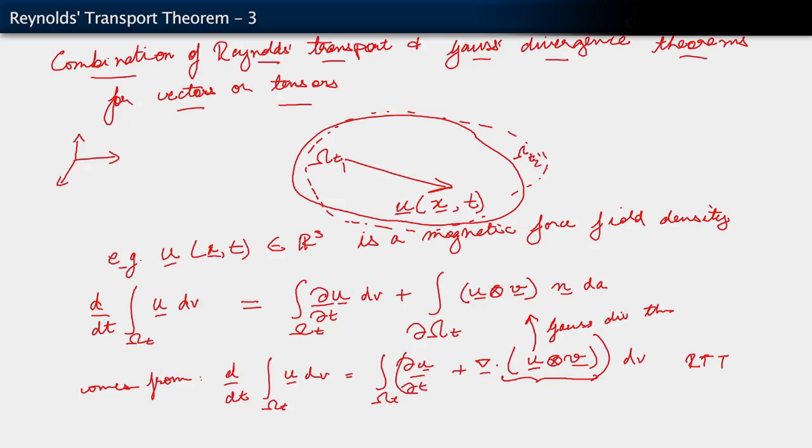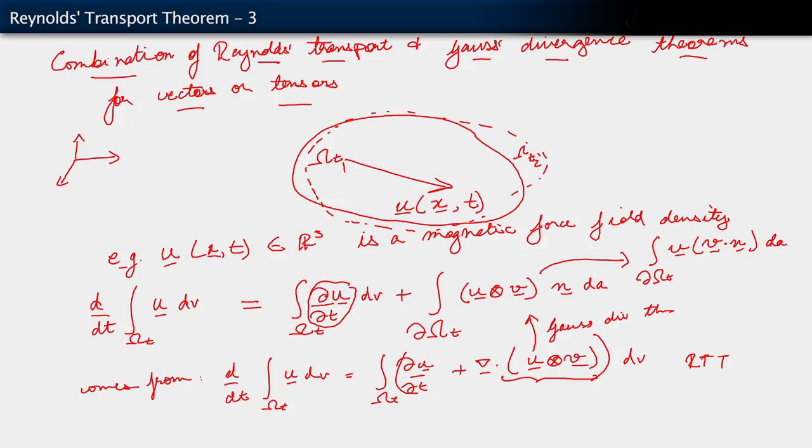The extra bit that you got in addition to the pure partial time derivative is this term here, where u tensor v, the whole thing acting on n, basically goes to the integral over the boundary of omega t of u times v dot n. That's simply the action of the tensor product of vectors on another vector.